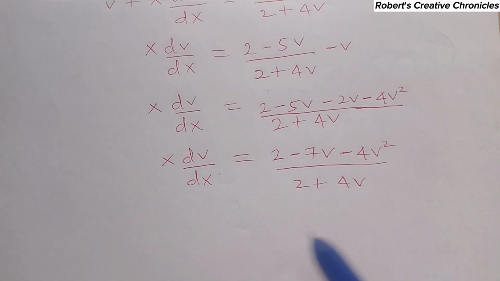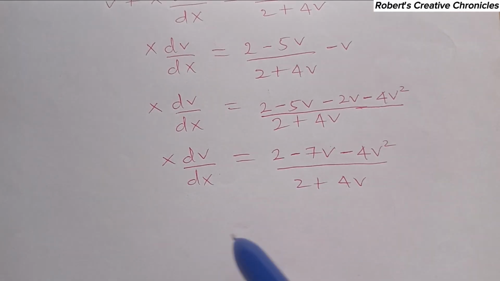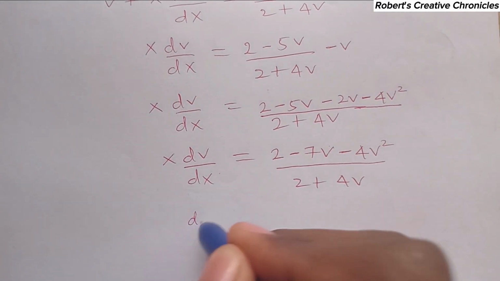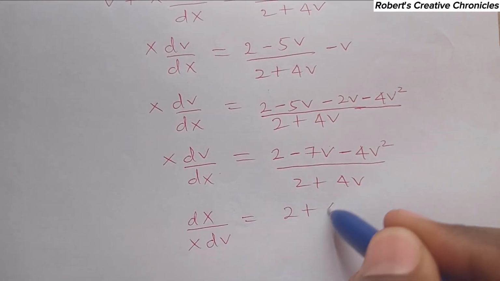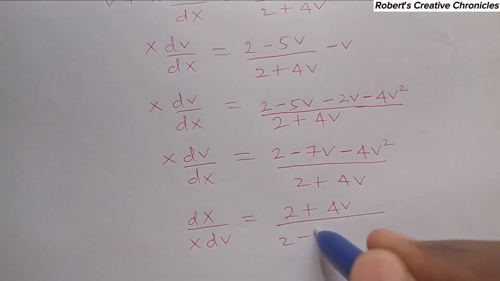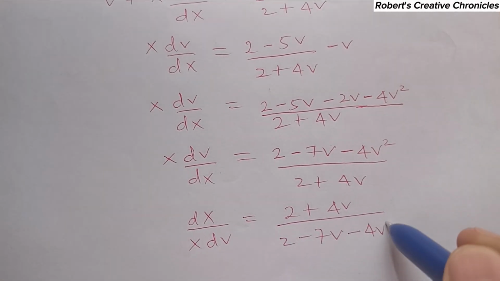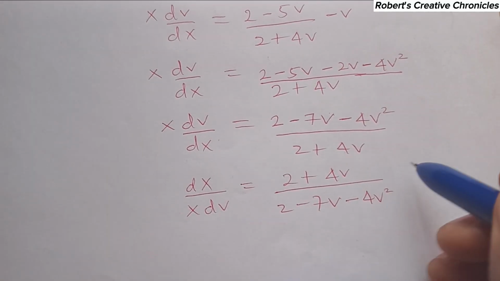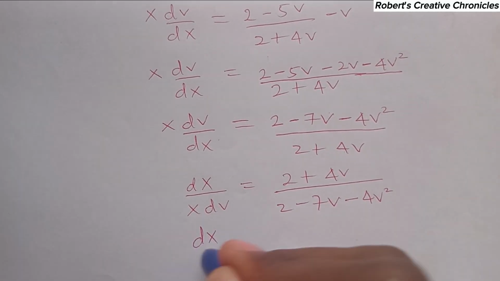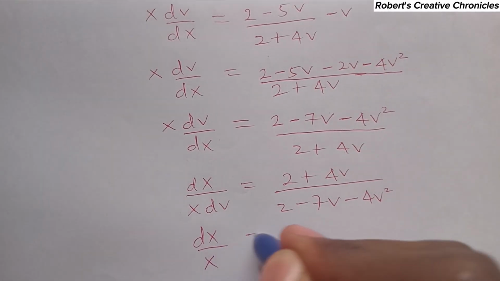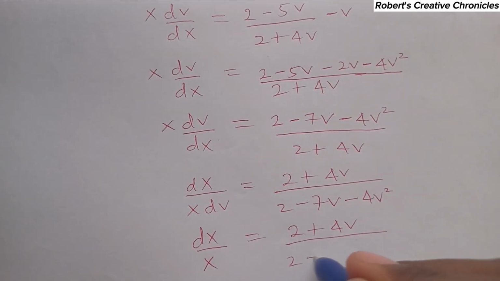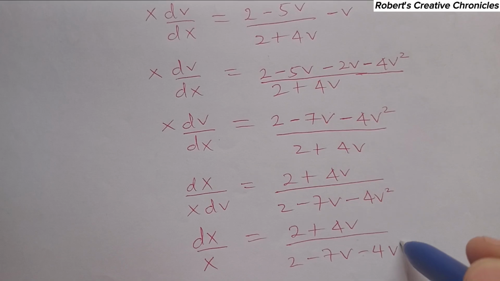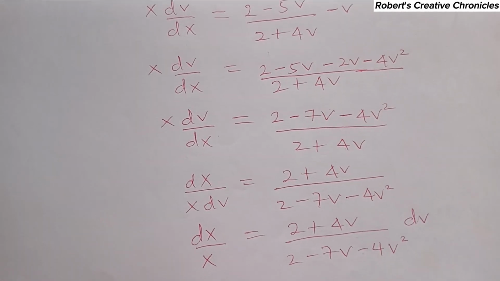Then now we'll take the reciprocal or the inverse of both sides. So it becomes 2 plus 4v over 2 minus 7v minus 4v squared equals x dv over dx. Then we'll bring this dv here to be dx over x equals (2 plus 4v) over (2 minus 7v minus 4v squared) dv.